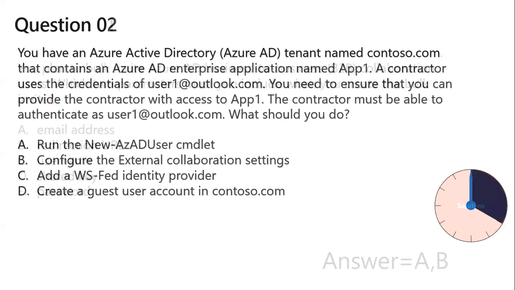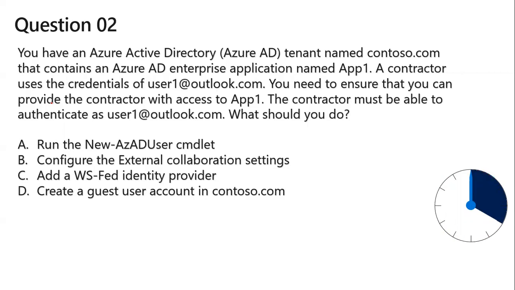Moving ahead to the next question: you have an Azure Active Directory tenant named contoso.com that contains an Azure AD enterprise application named App1. A contractor uses the credentials of user1 at outlook.com. You need to ensure that you can provide the contractor with access to App1.